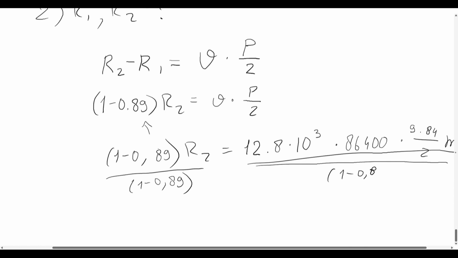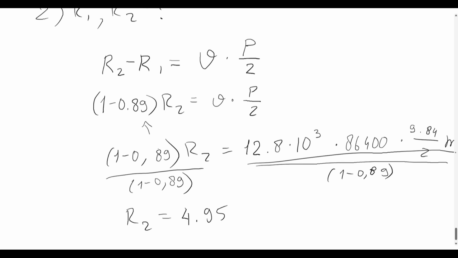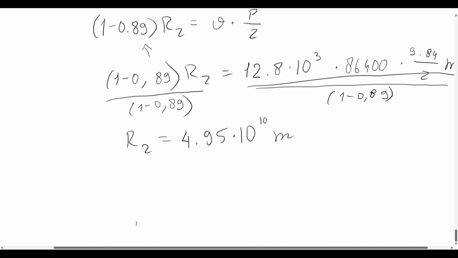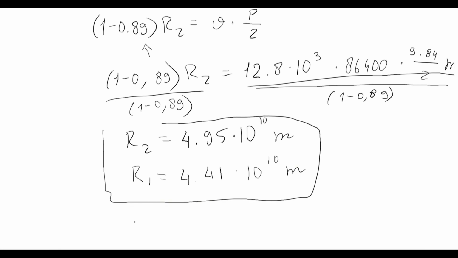And here we can find that R2 equals 4.95 times 10 to the power of 10 meters, and then R1 equals 4.41 times 10 to the power of 10 meters. Great. So here's our second question.